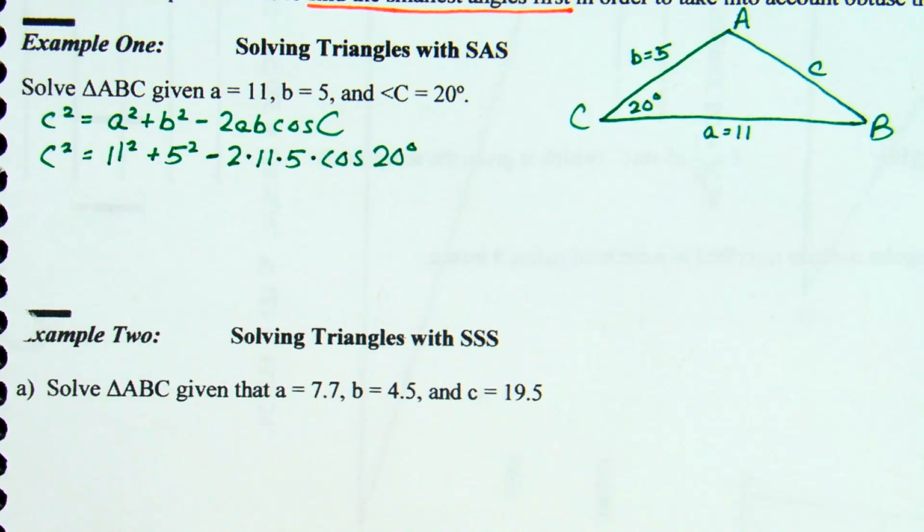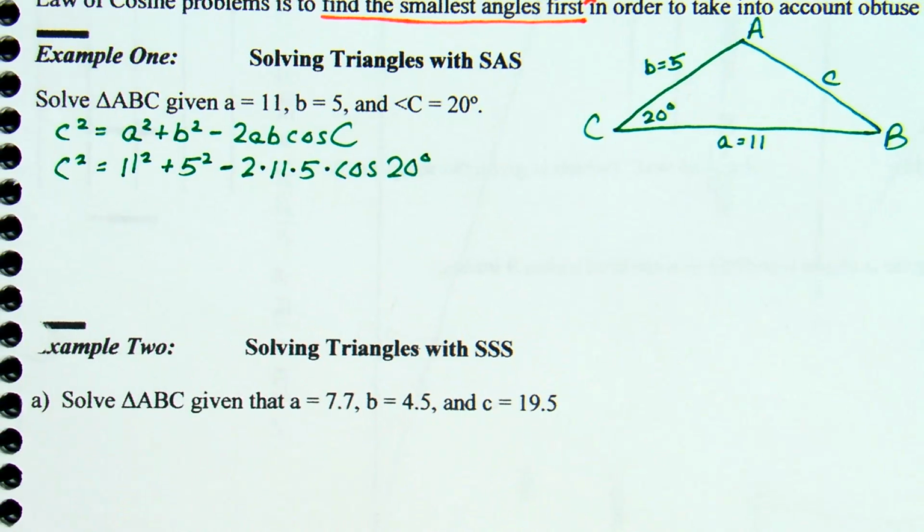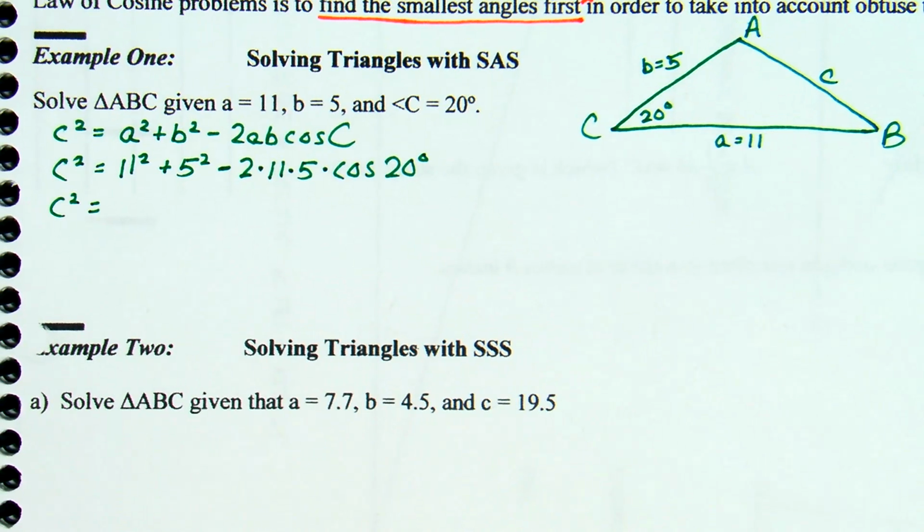So far so good. All I did is fill in the information. Mathematically, you technically could just start plugging it all into the calculator. I'm going to do a little bit of work by hand first.